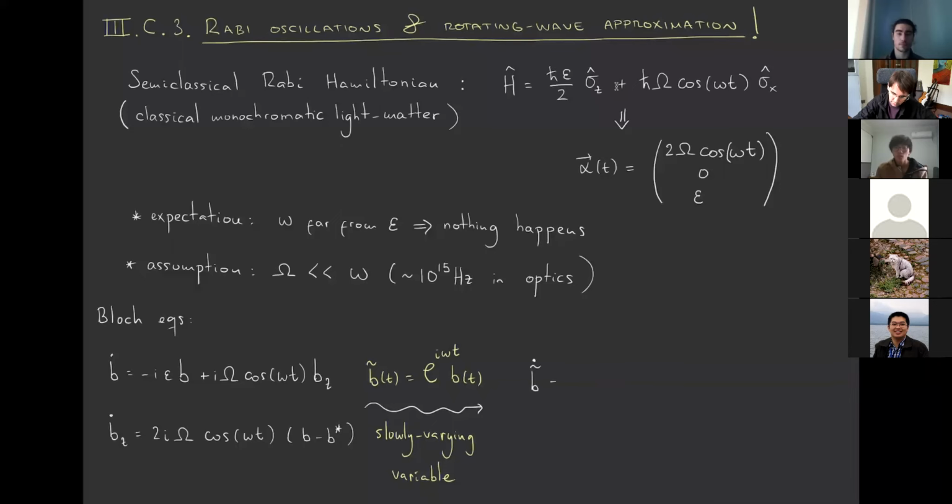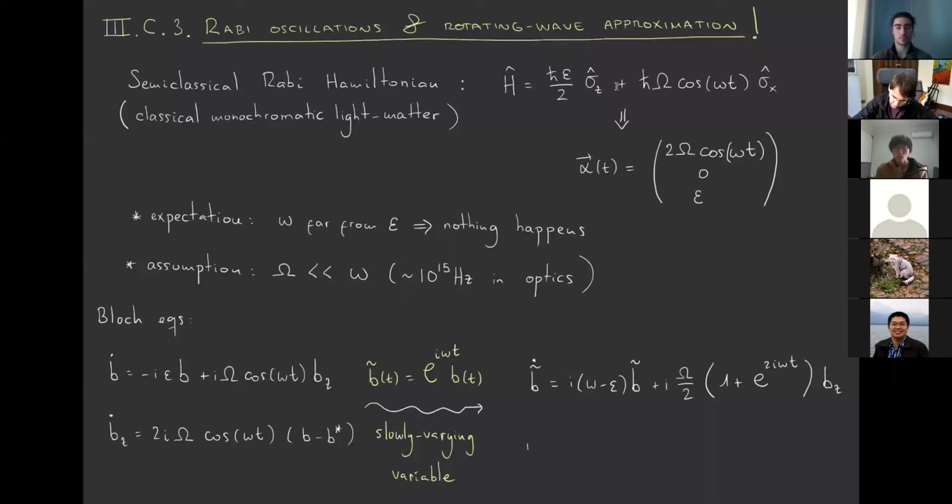So the derivative of this new variable is equal to something like this, plus, and then we have here i omega halves, and then 1 plus e^{2i omega t} times B tilde.